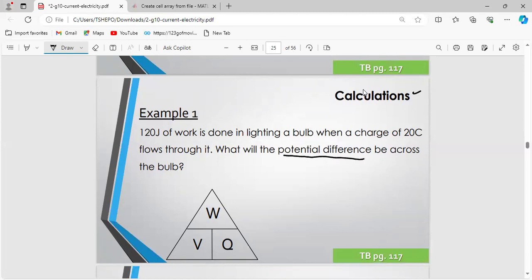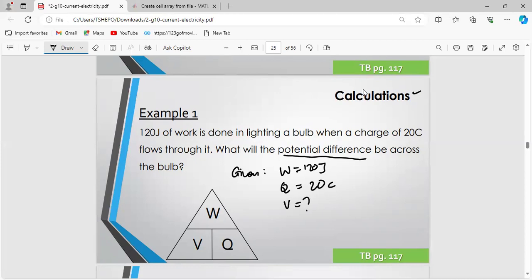We are looking for potential difference. The data given is the work, which is 120 joules, and the charge, Q, which is 20 coulombs. We are asked to determine the potential difference across the bulb, which is V.